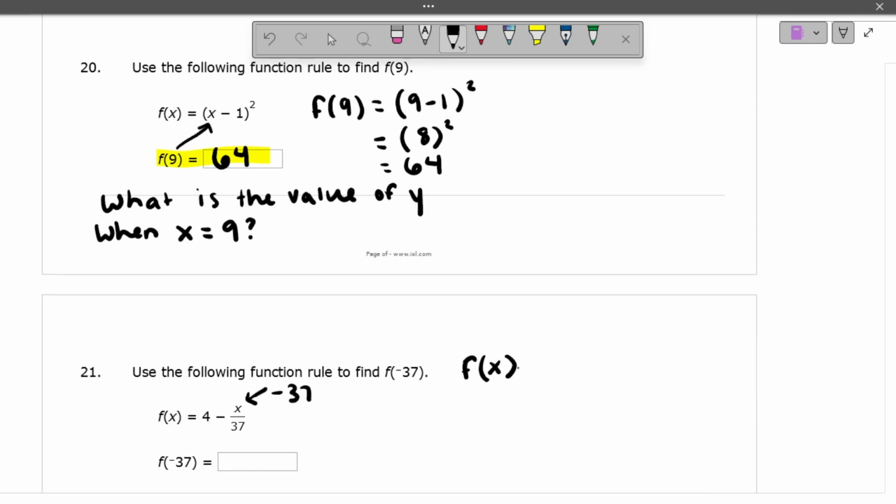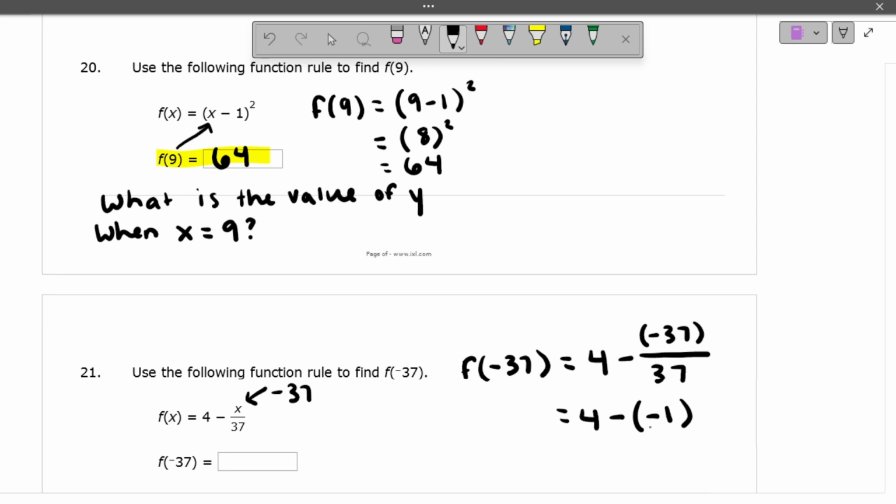So f of negative 37 is equal to 4 minus, and then up top we have an x, but our x is negative 37. So I'm just going to put negative 37 divided by positive 37. So bringing that down, we have 4 minus negative 37 divided by 37 is a negative 1.